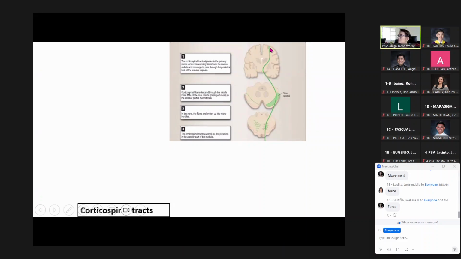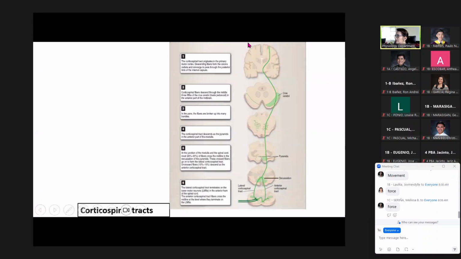So from those areas in the cortex, it will go down through your corona radiata, and then through your internal capsule, and then down to your midbrain, and then to your pons, until it reaches the medulla.